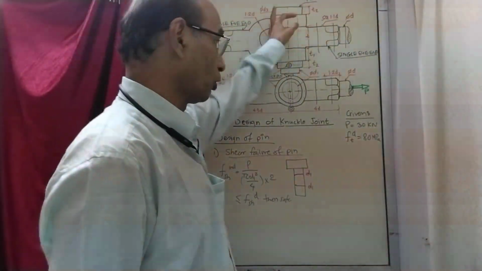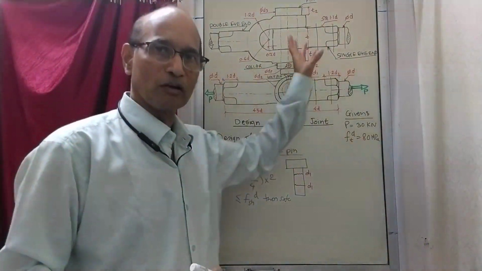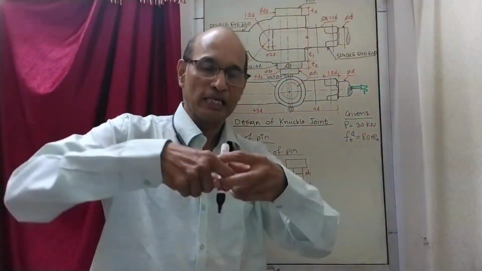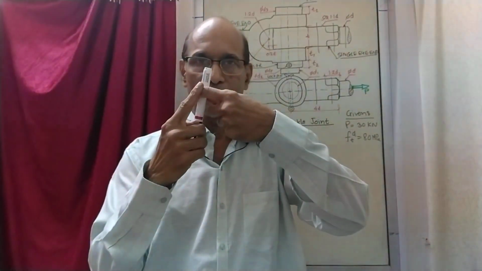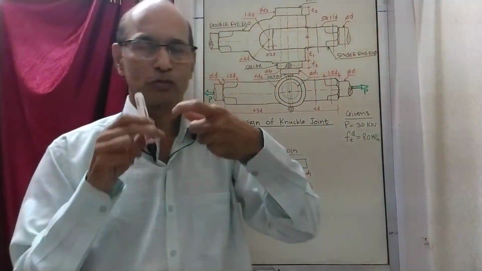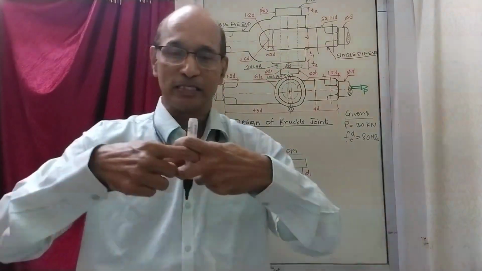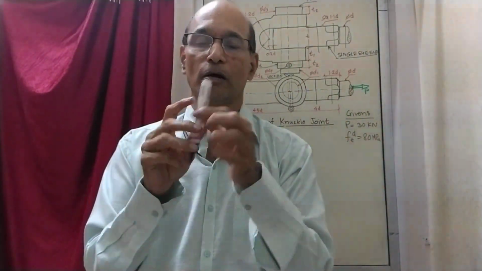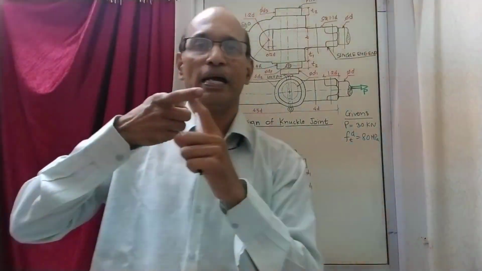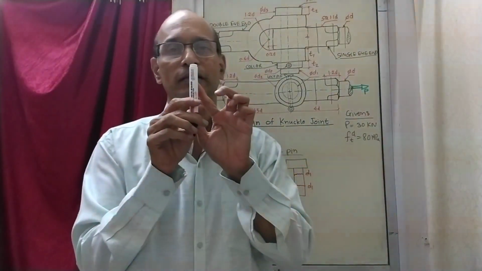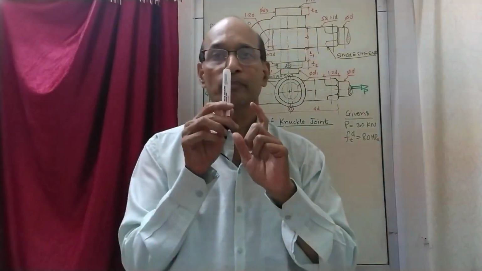So we have checked the pin for shear failure. Is there any other way the pin will fail? You will see that the pin is again in contact with the fork end and the eye end. Just like we have checked the fork end and eye end for bearing stress, the bearing stress will also develop on the pin. It will develop on the surface of the single and double eye end, and in the same way on the surface of the pin.